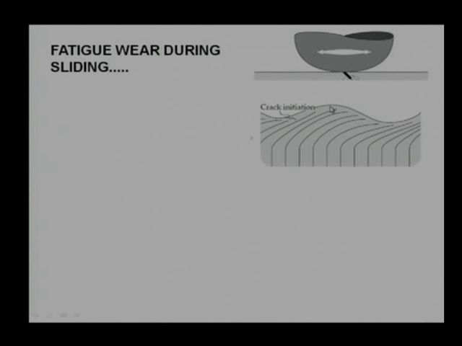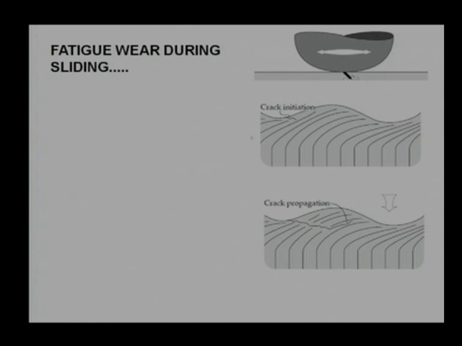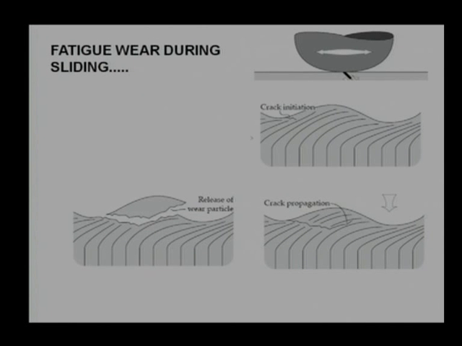Material is getting piled up, and this crack comes directly in front of the load, which then elongates it, something like this. When the elongation keeps going on, and the force comes again on this surface, it turns out to be a delamination, a removal of that particle from the surface.